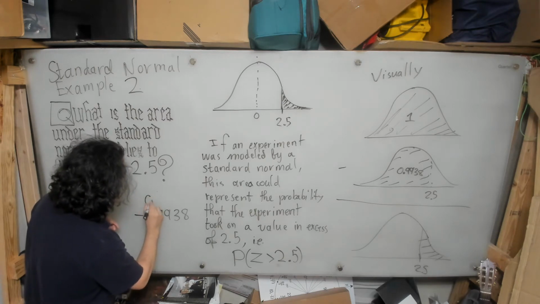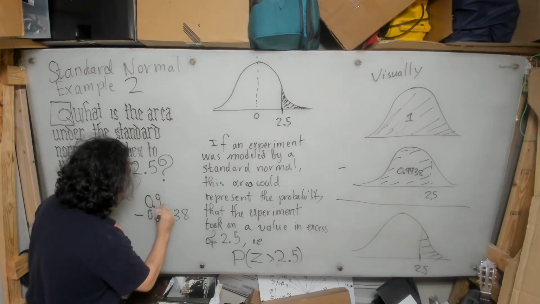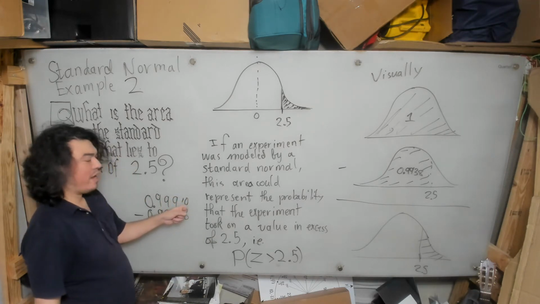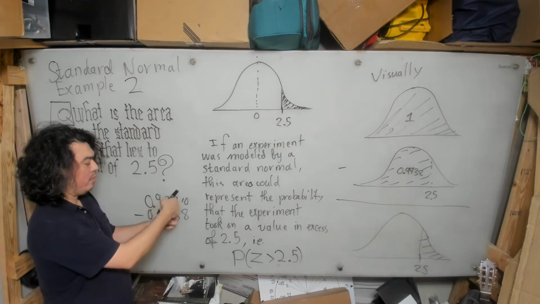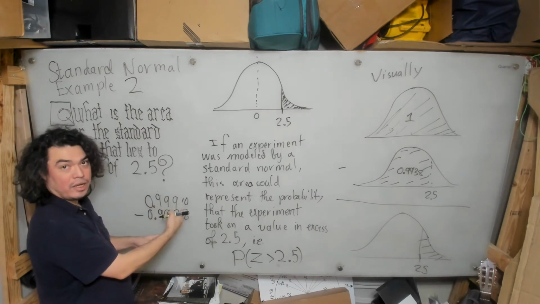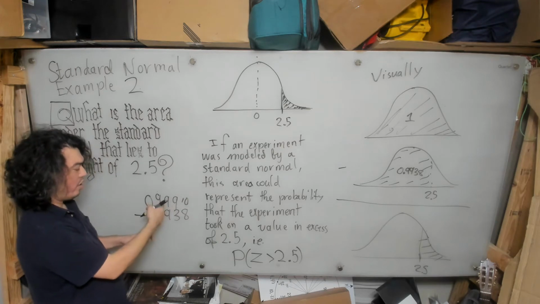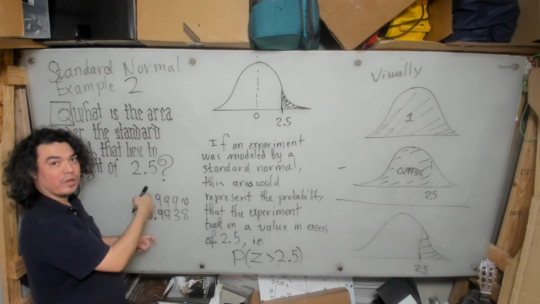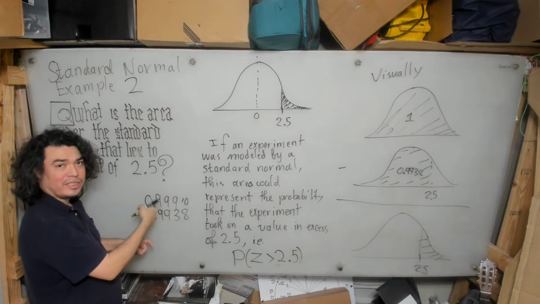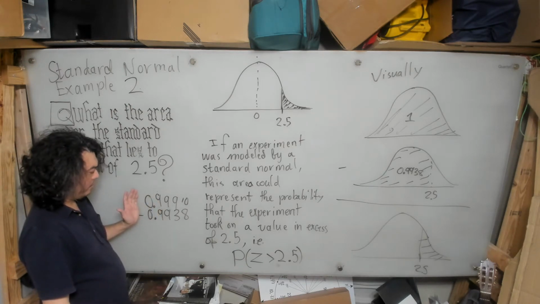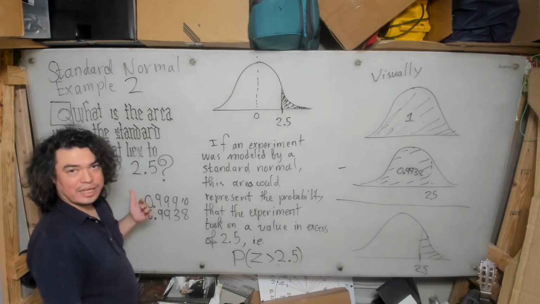I'm going to replace the 1 with 0.999 and 10, because if you add 10 plus 9, I leave the 0, I carry over the 1. 1 plus 9 is 10, I leave the 0, carry the 1. 1 plus 9 is 10, I leave the 0, carry the 1. 1 plus 9 is 10, I leave the 0, I carry the 1, and I recover what we had originally here. Now of course I said that I had 10,000.